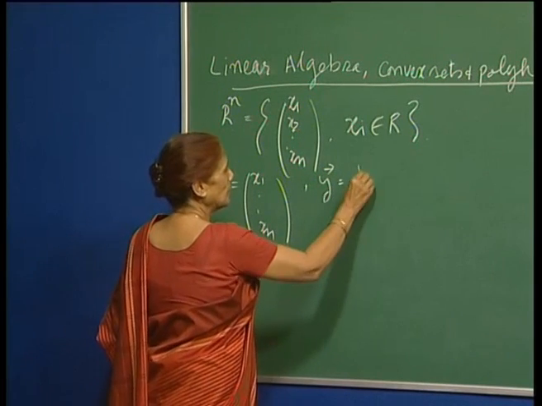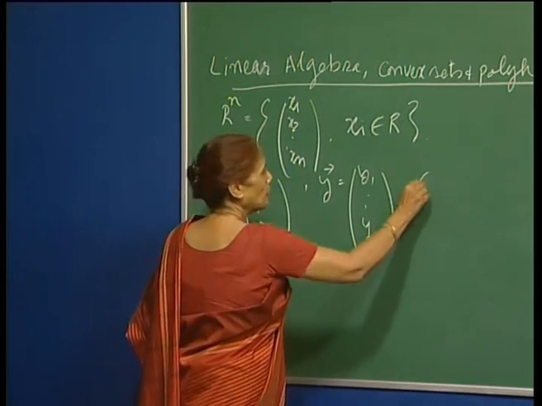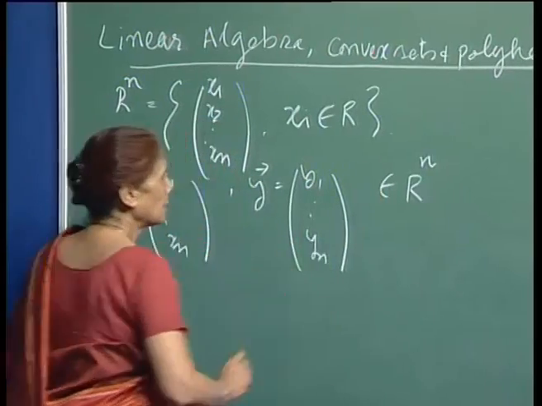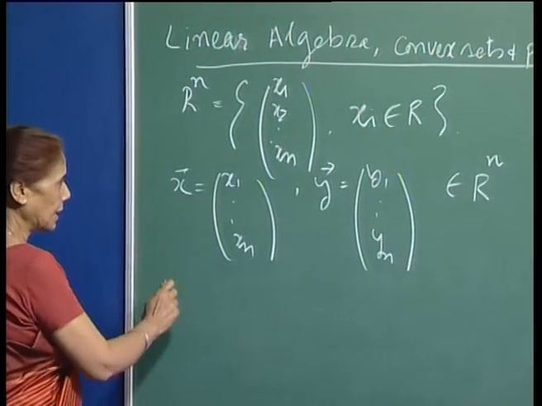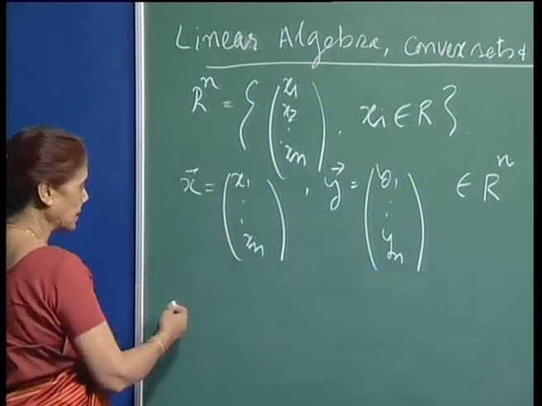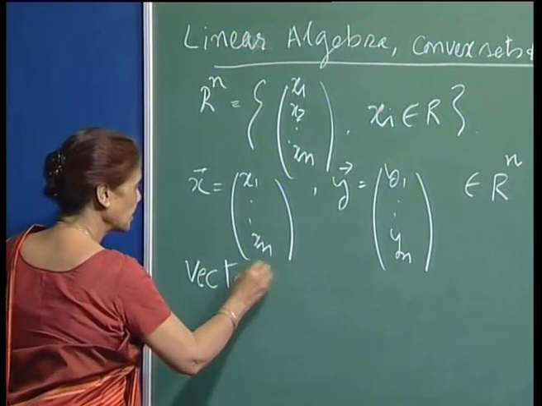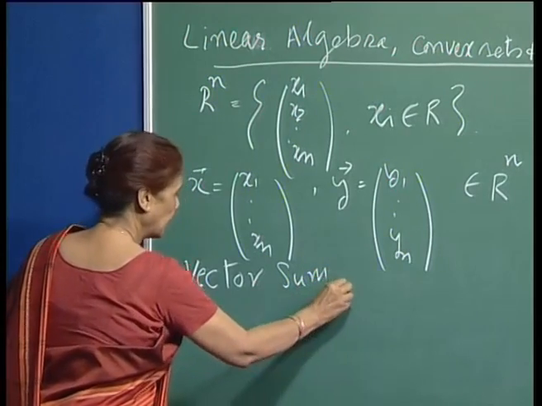So, this will be another n tuple, and they both belong to Rn. Let us first define operations on these n tuples or vectors. We define the vector sum on Rn.